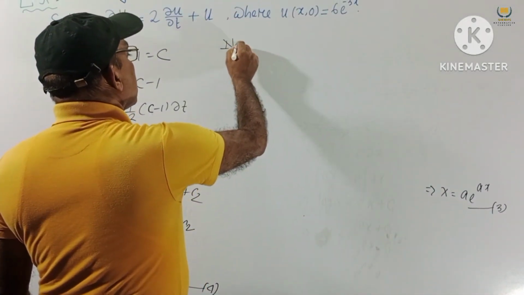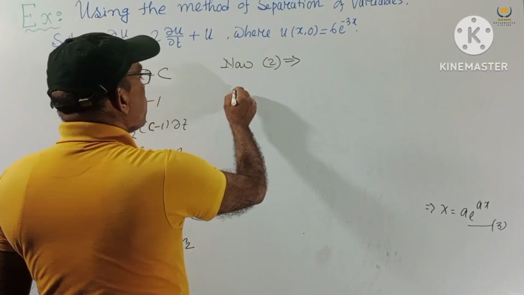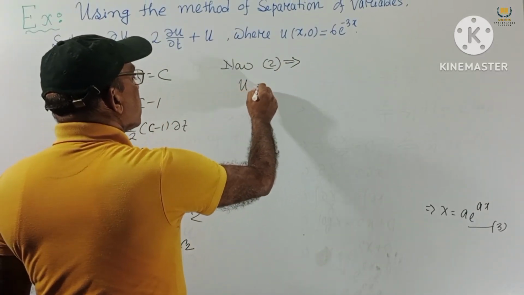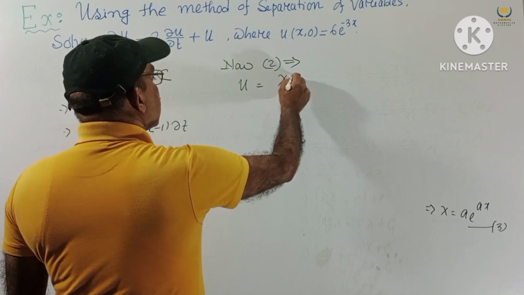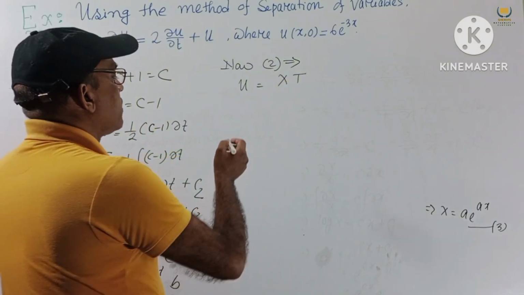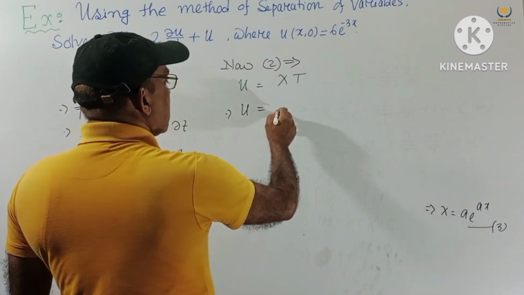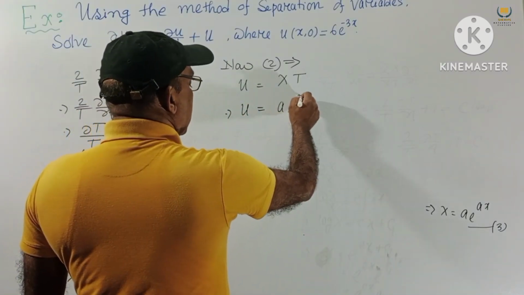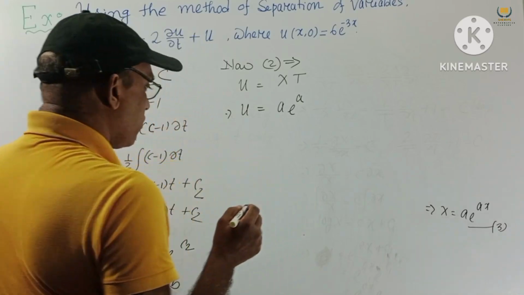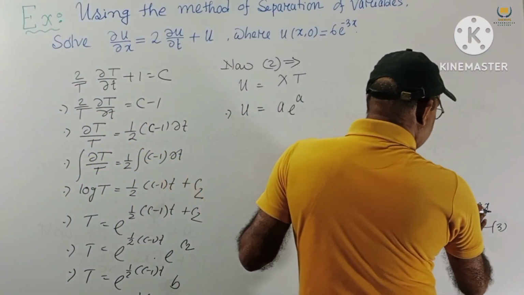Now 2 implies, in 2 we know u equal to X T. So this implies u equal to X means a e to the power cx, this is cx, not ax.